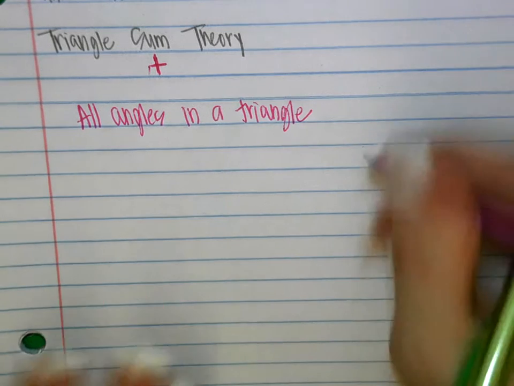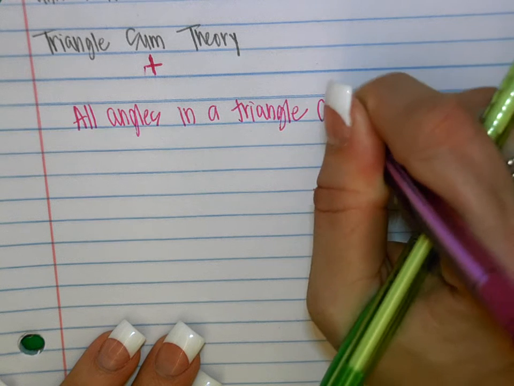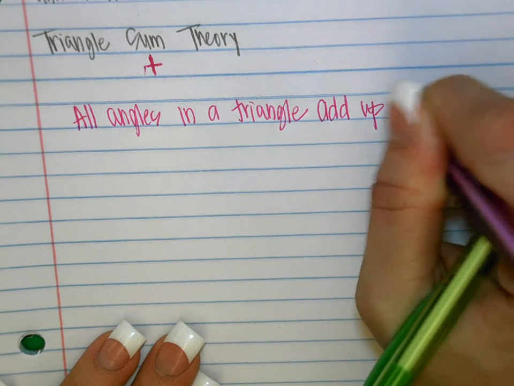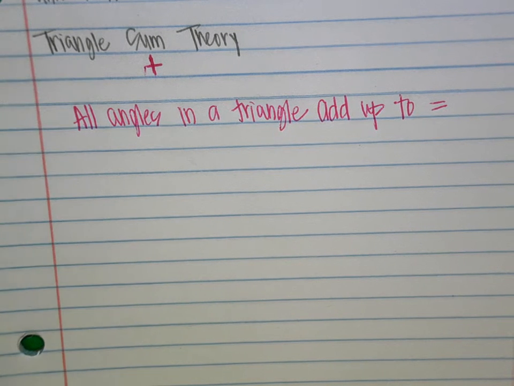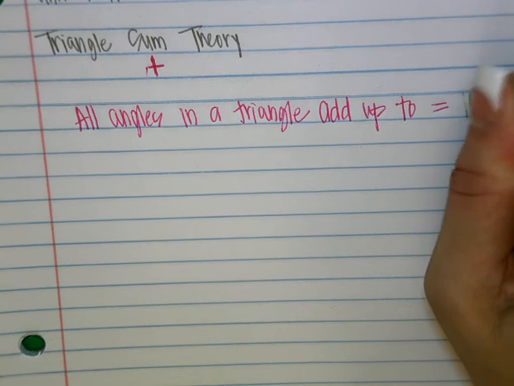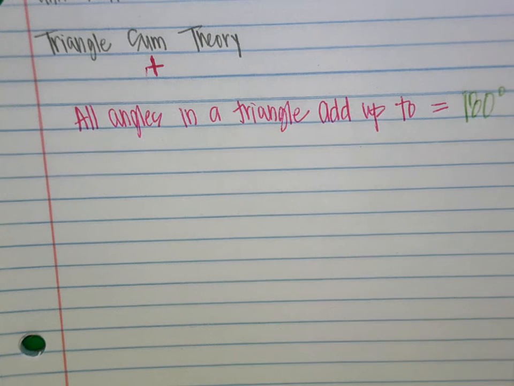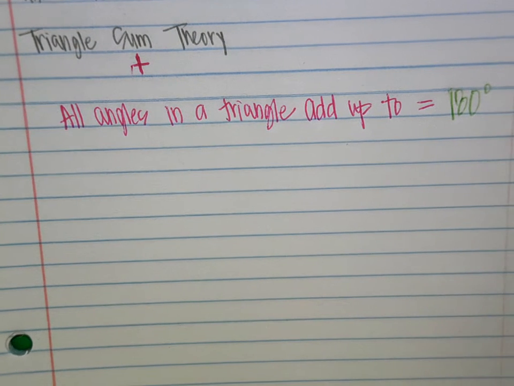All angles of a triangle add up to equal, does anybody know, what do all the angles of a triangle add up to equal? 180. 180 what? 180 degrees.